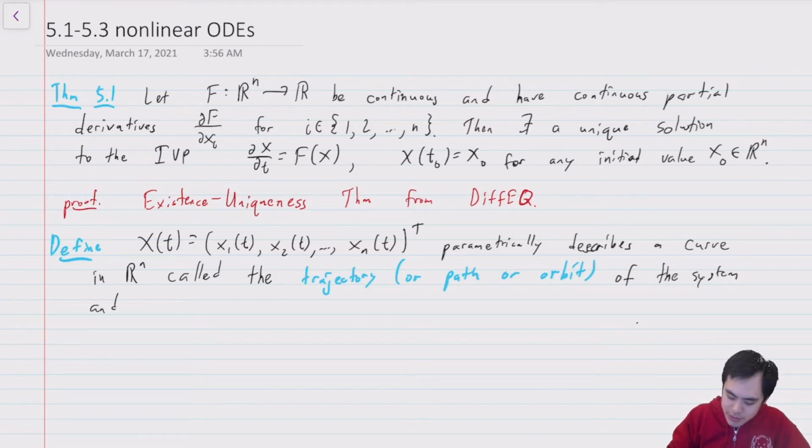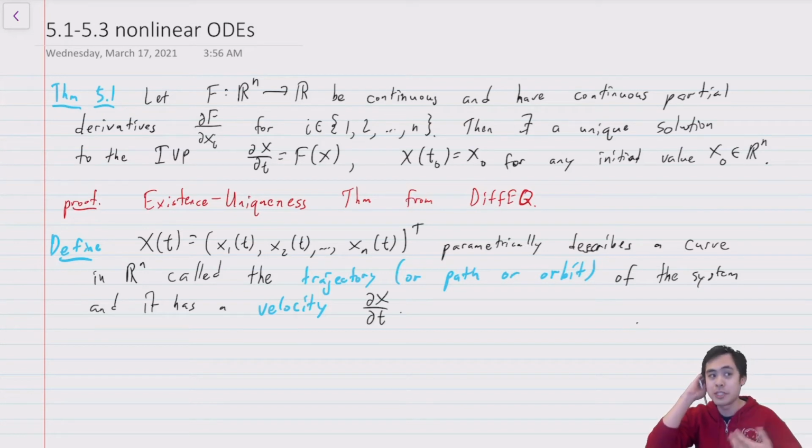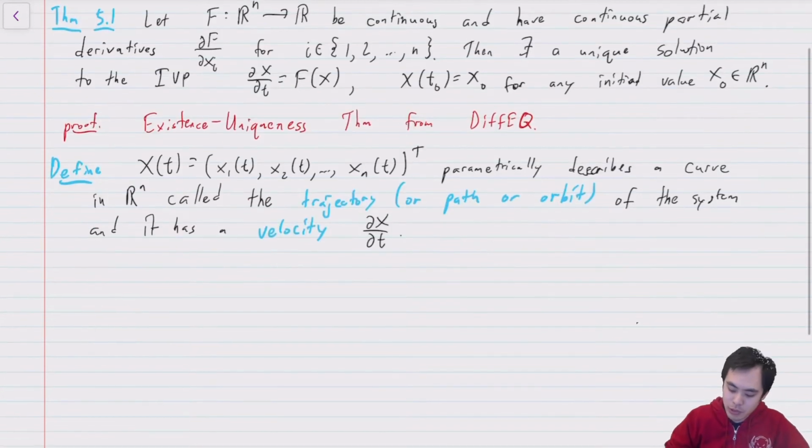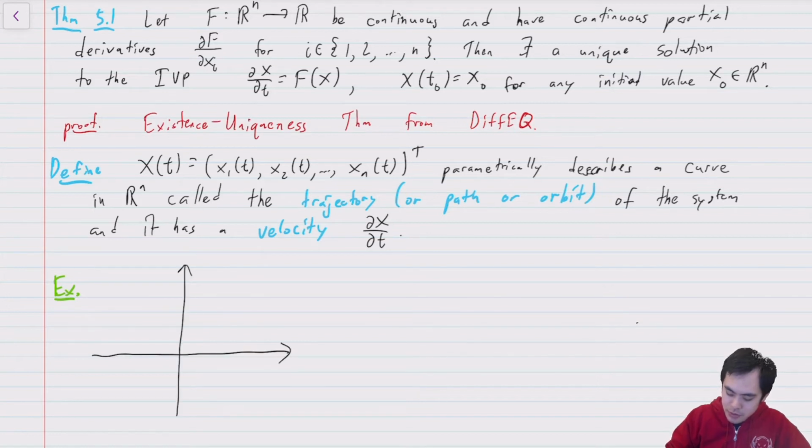And it has a velocity, dx/dt. So the standard definition of velocity is how much it moves as a function of time. Pictorially, let's say we're in R^2, not R^n. We might have some path that goes like that.